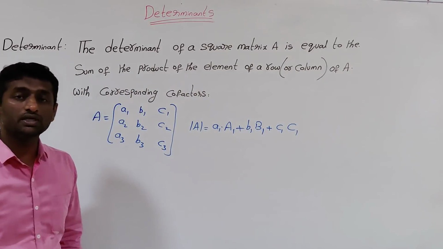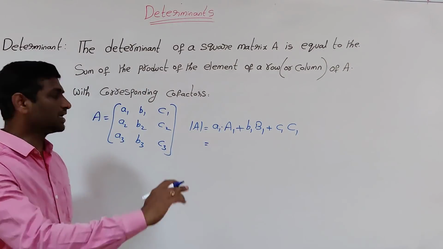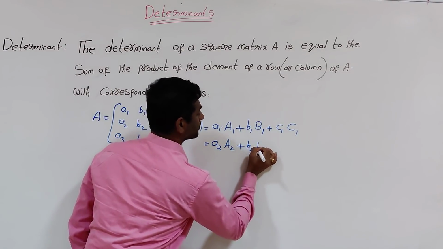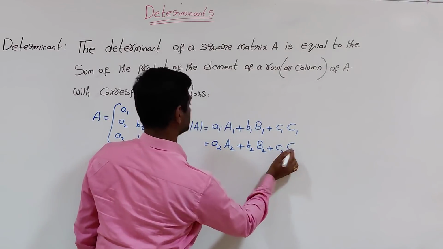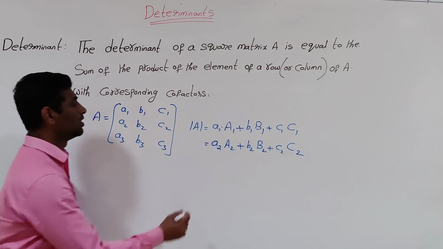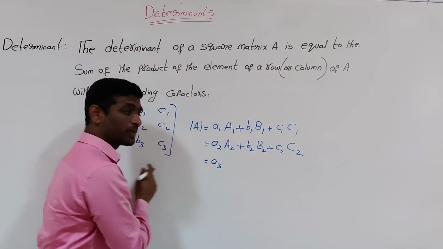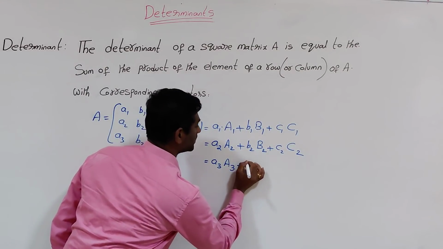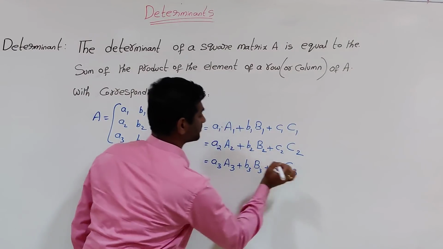This is by using the first row, or it is the same as by using the second row: A2 into capital A2 plus B2 into capital B2 plus C2 into capital C2. Or by using the third row, A3 into capital A3 plus B3 into capital B3 plus C3 into capital C3.